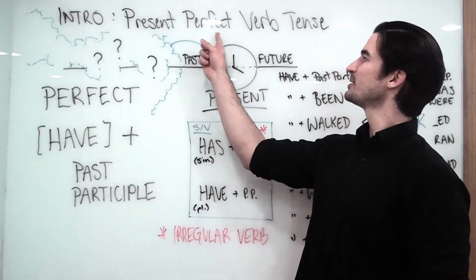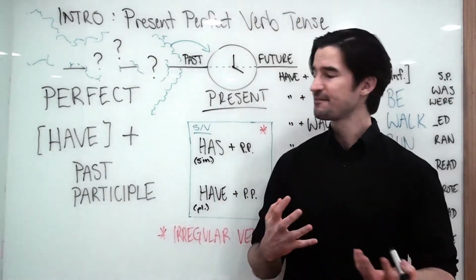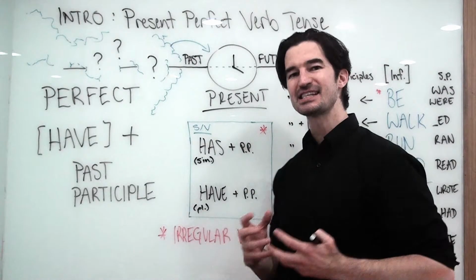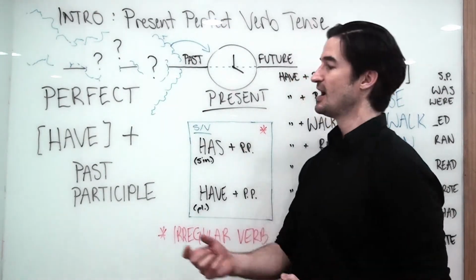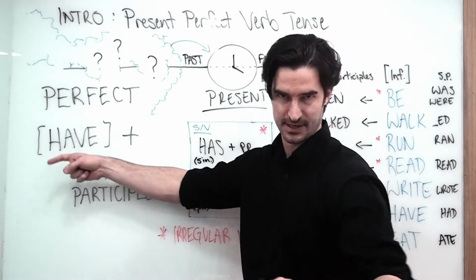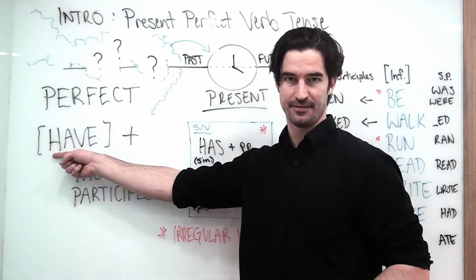Today, we're going to be talking about the perfect tenses. Now, the perfect tenses are made by using a very specific construction. All of the perfect verb tenses have to have this verb first, have.